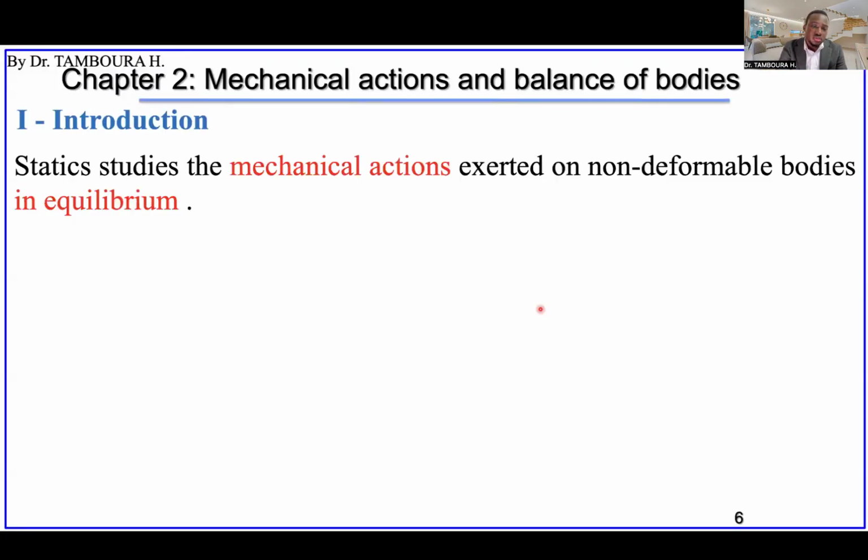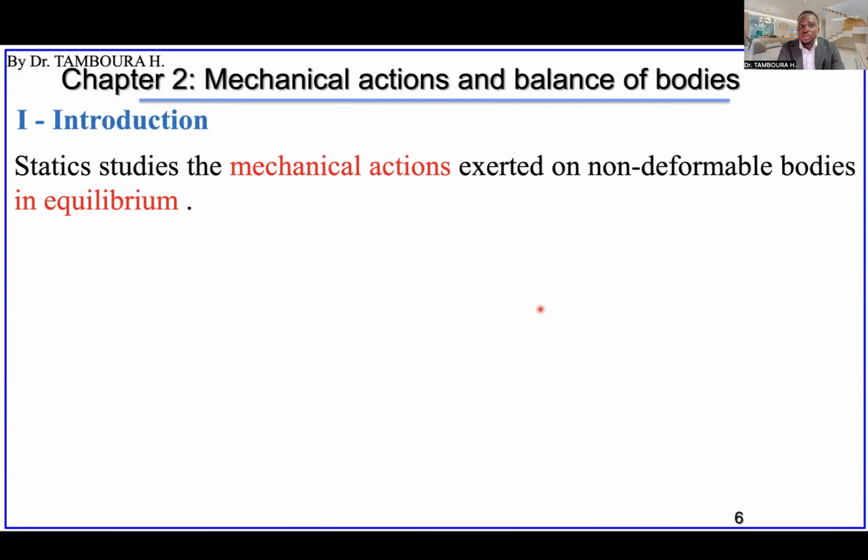So the introduction is not that long, just 2 sentences. So statics is studying mechanical action that applies on non-deformable body in equilibrium.